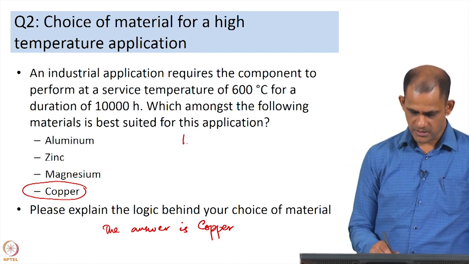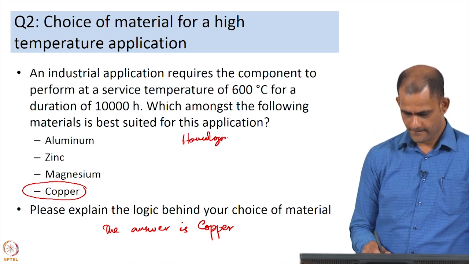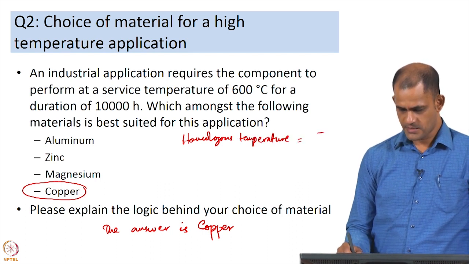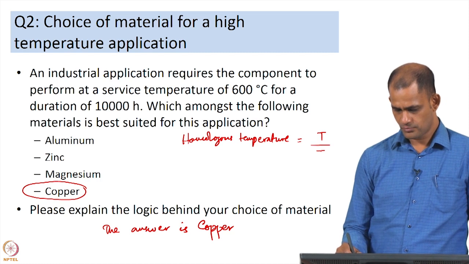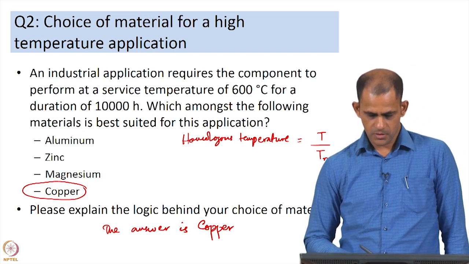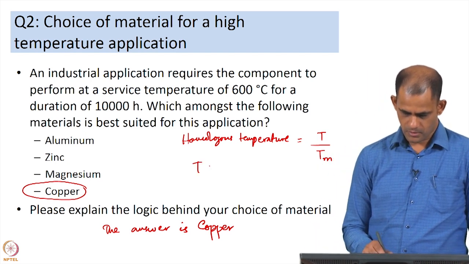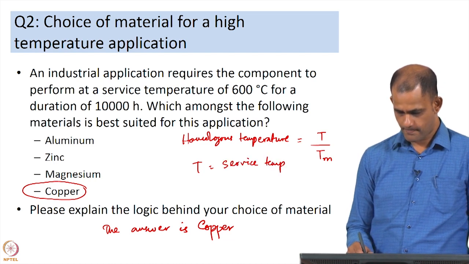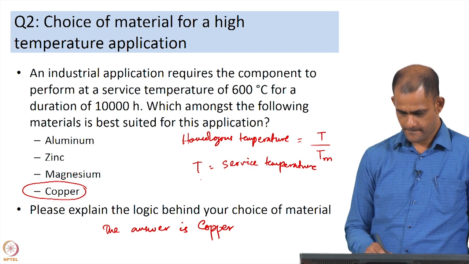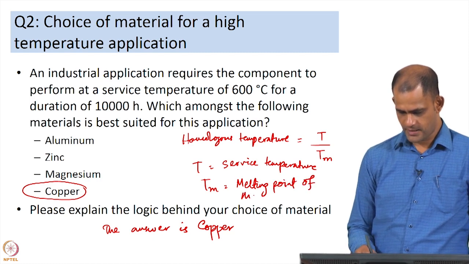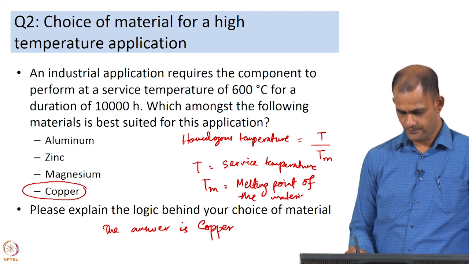So, homologous temperature is given by T over Tm. T is the service temperature and Tm is the melting point of the material.